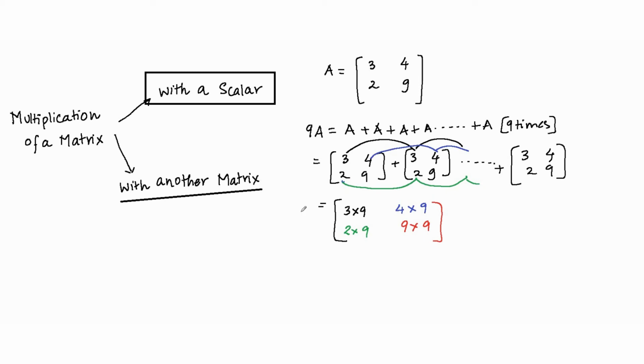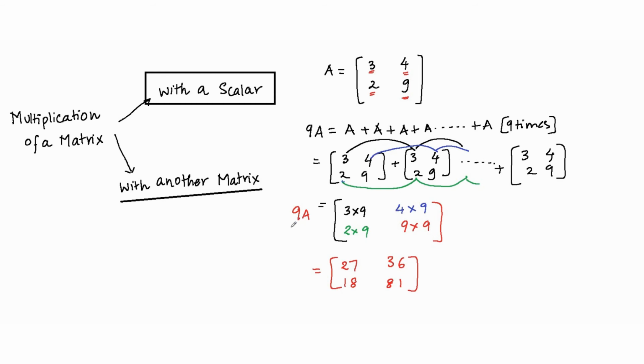So what happens is, when you're trying to find 9 times A, what has actually happened is each individual element of this matrix is getting multiplied by 9. So that means 9A is going to be 27, 36, 18 and 81.